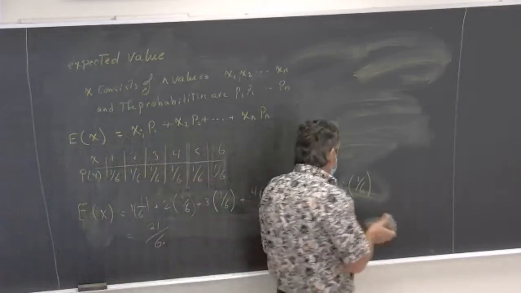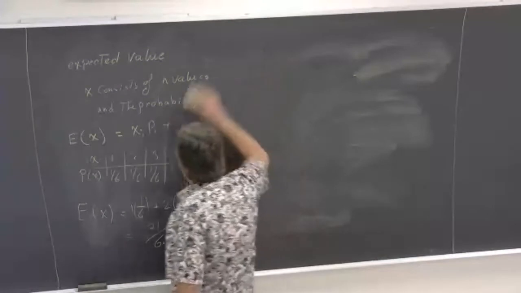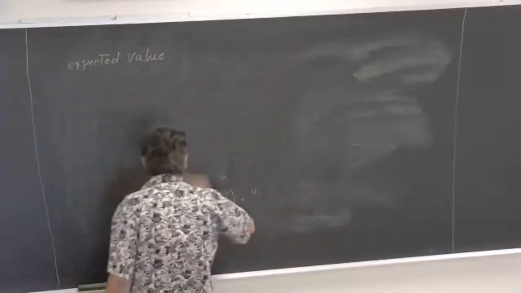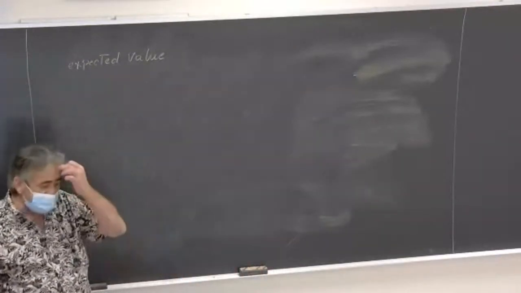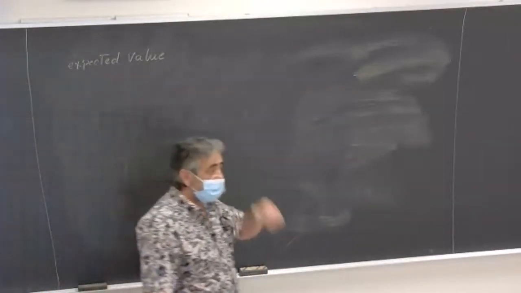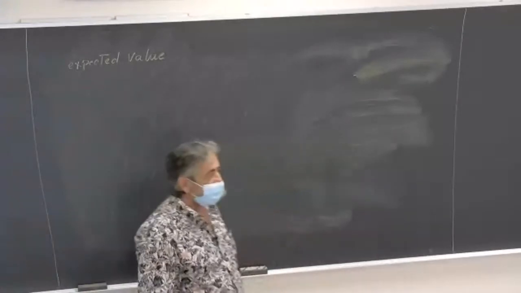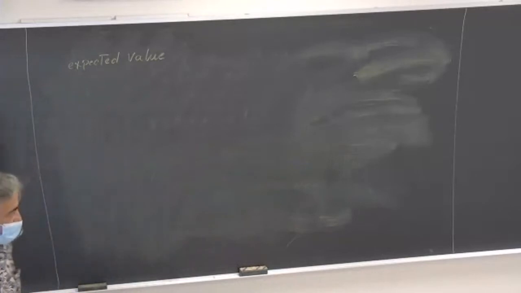Let's take something that we might use. For instance, suppose at a concert they sell a raffle ticket. And on the raffle ticket there is a prize you could win.